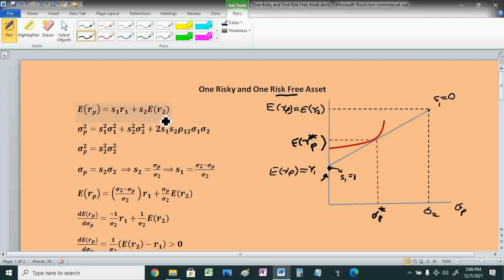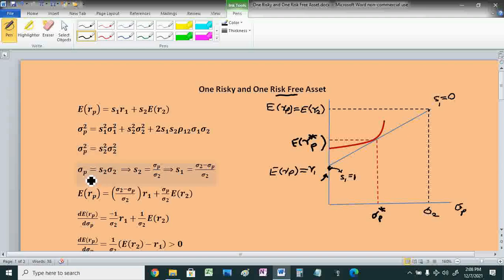And then, given that this is the formula for variance in the case where two assets were involved, if asset 1 is a risk-free asset, then this means that sigma 1 becomes equal to 0, and so we have variance of portfolio equal to S2 squared, sigma 2 squared.